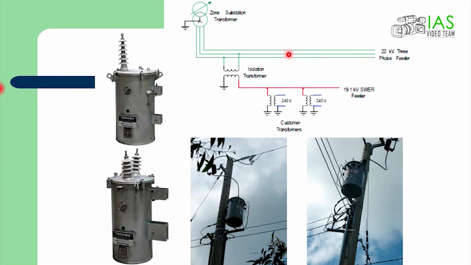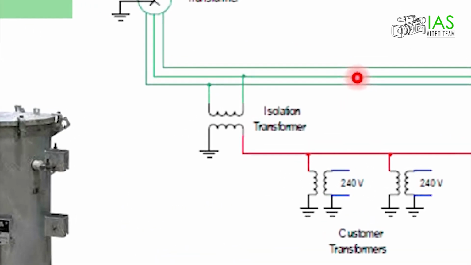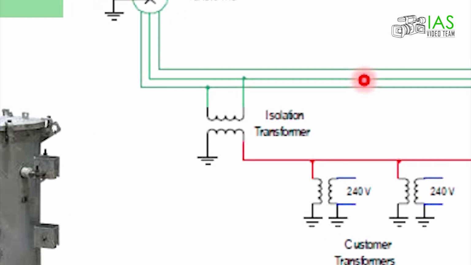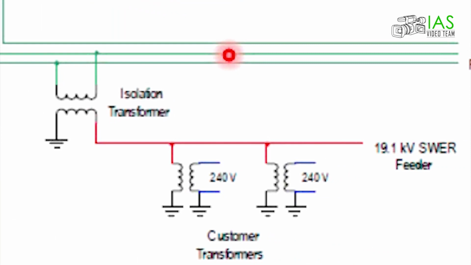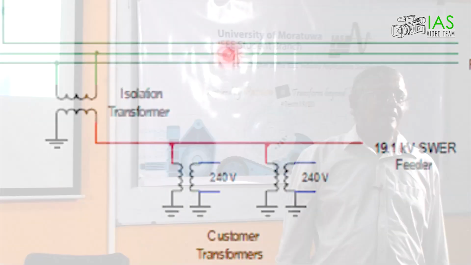I'm coming to some transformers. Those are single phase and two phase, right? Now if you look at this diagram, you have a two phase transformer over there and single wire earth return transformers over there, right?